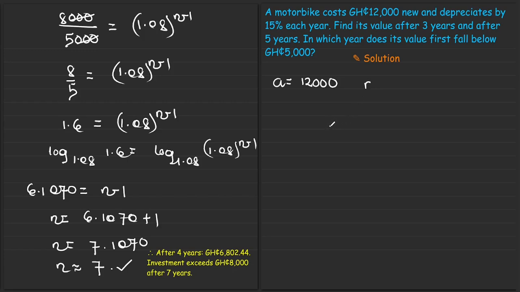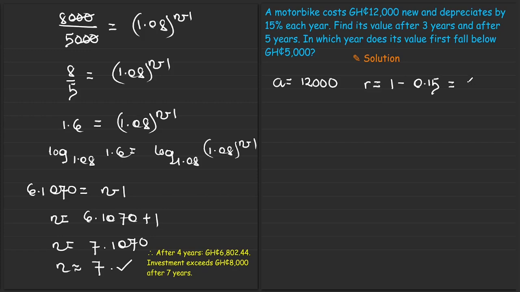So we needed to add 1 to it. Investment is a growth. So we needed to add 1 to it. For this case, for the 15%, we are talking of depreciation. So we are rather going to subtract the 15% from the 1. You see, so it's going to be 1 minus 0.15.